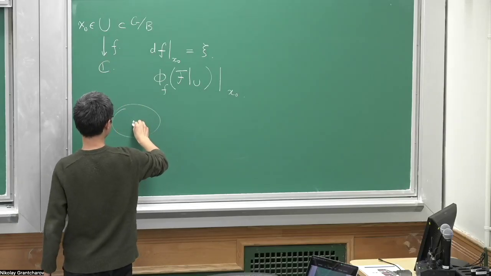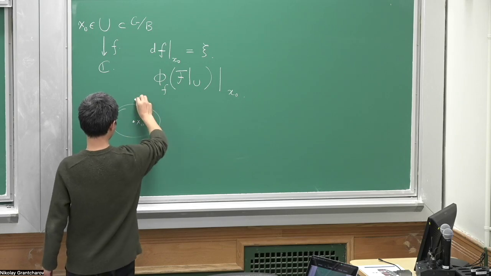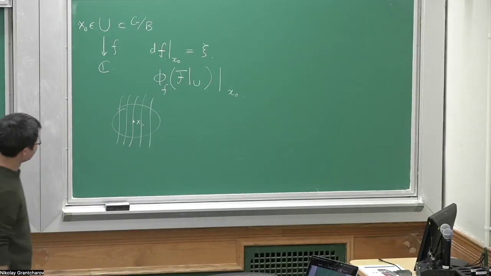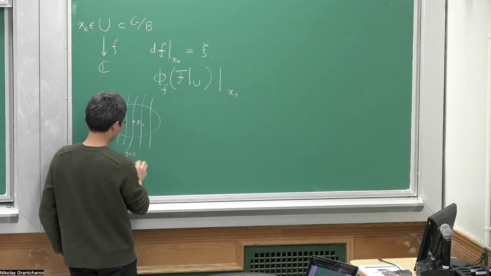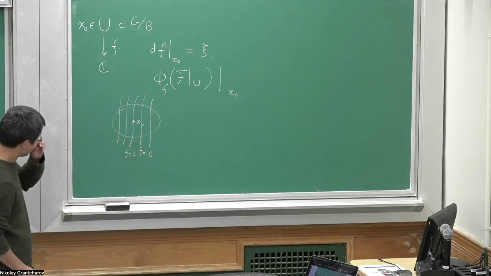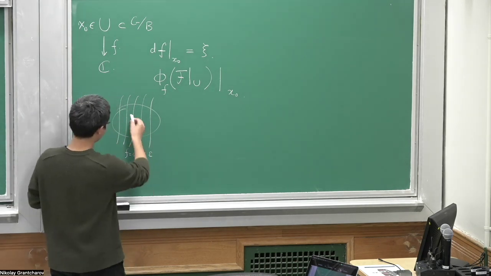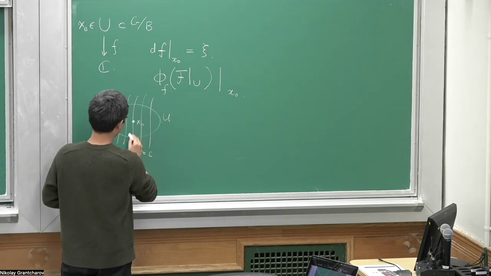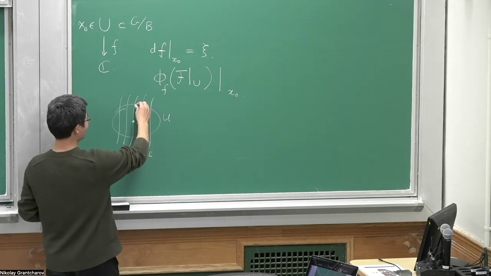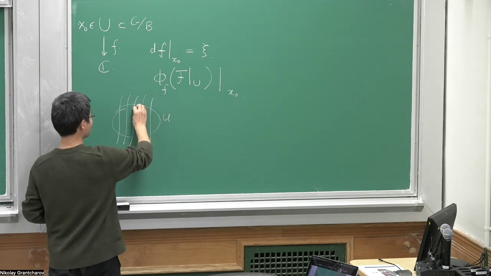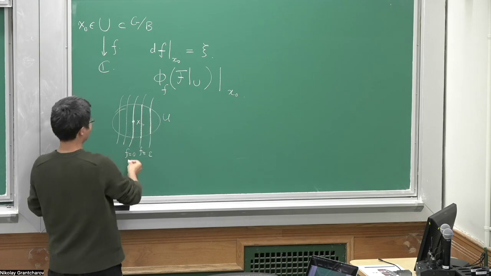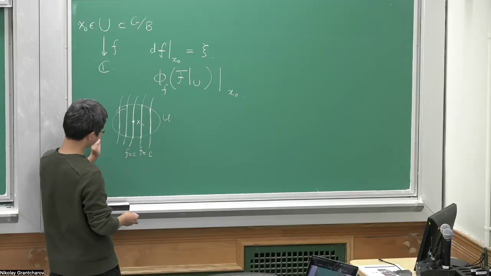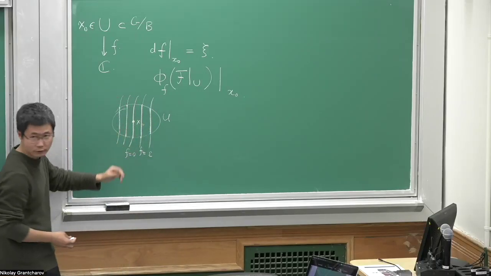So you have this point here. This function will give you level sets, 0, epsilon, and this is our U, some small neighborhood of x0. And what this measures is you look at the global sections of your sheaf along each slice, and then you cross f equals 0, and it measures how much this global section changes.